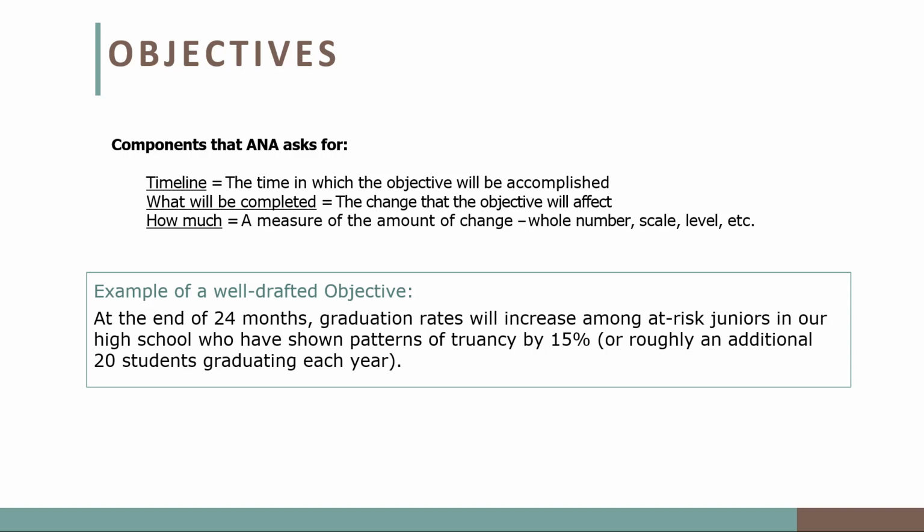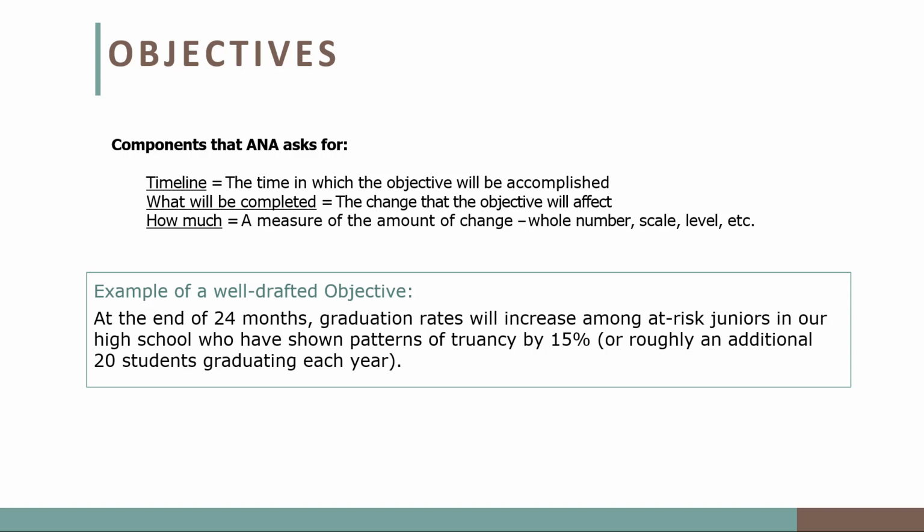So a well-drafted objective might say something like, at the end of 24 months, graduation rates will increase among at-risk juniors in our high school who have shown patterns of truancy by 15%, or roughly an additional 20 students graduating each year. It has a timeline of 24 months, a change of increased graduation rates, and a measure of 15% or 20 students to gauge how much change will occur.